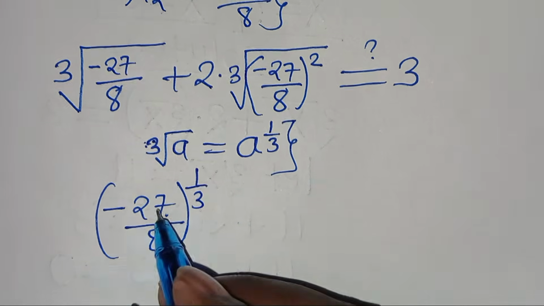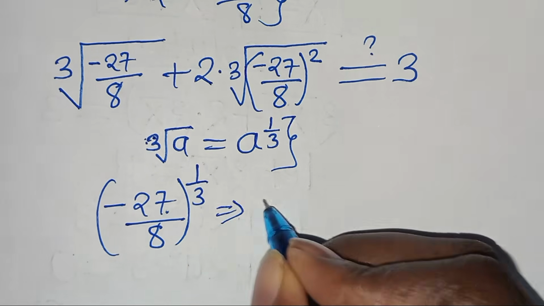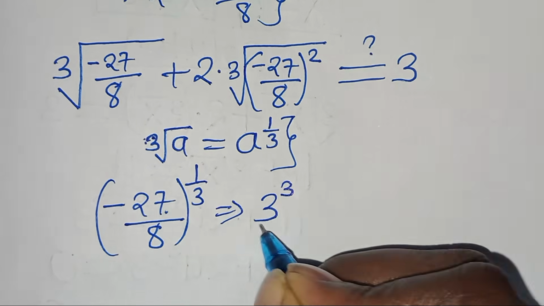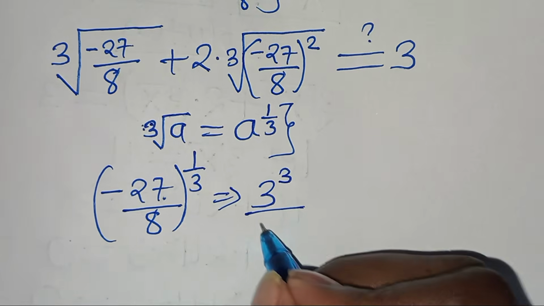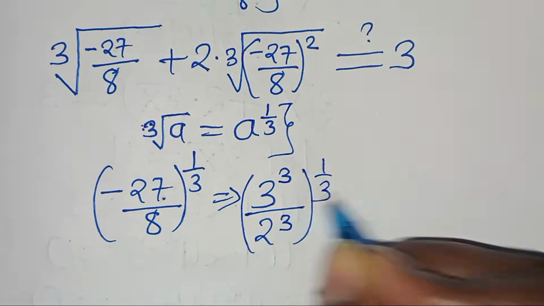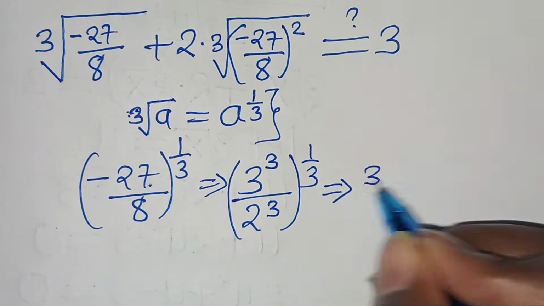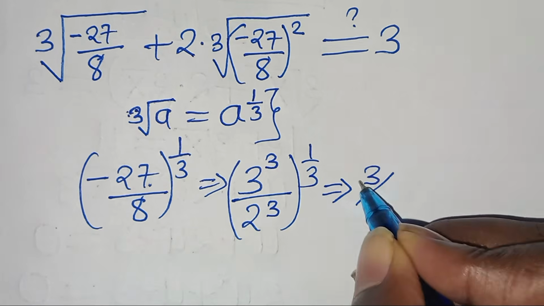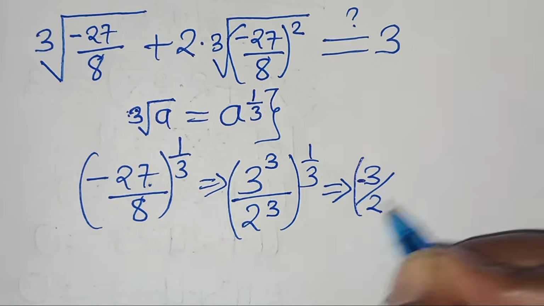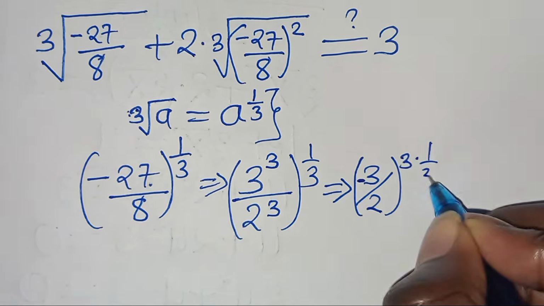And this implies that 27 is the same thing as 3 to the power of 3, divided by 8, which is 2 to the power of 3, raised to the power of a third. And this can also be expressed as minus 3 over 2 raised to the power of 3 times 1 over 3.